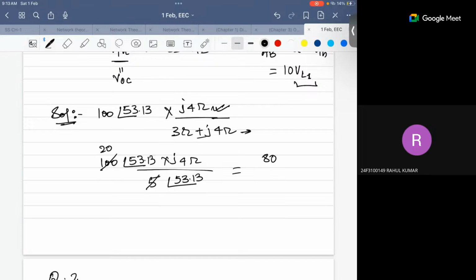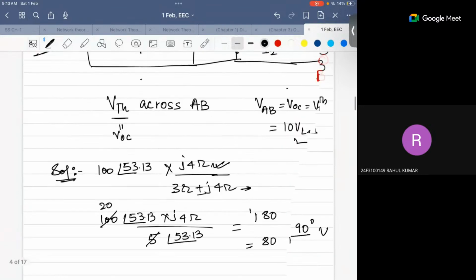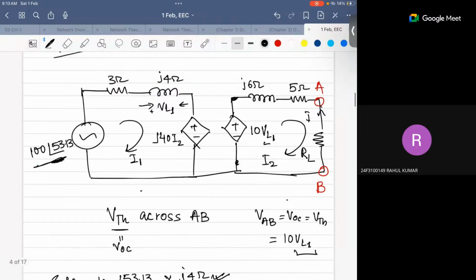Generally, angles in a division get subtracted. 53.13 minus 53.13 will be 0. So 80 times J, that means 80 with the angle of 90 degrees volt. That will be the voltage across this inductor.